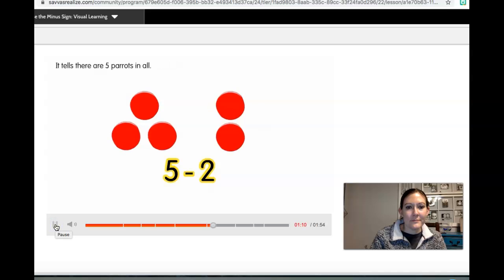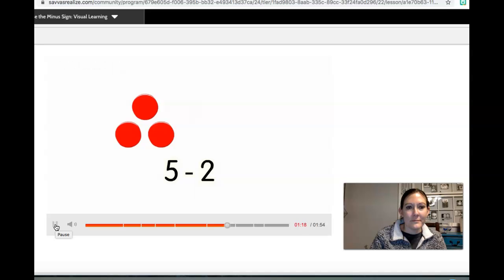It tells there are 5 parrots in all. Then 2 parrots fly away. Instead of the word subtract, what sign can you use? You can use a minus sign. You say 5 minus 2.